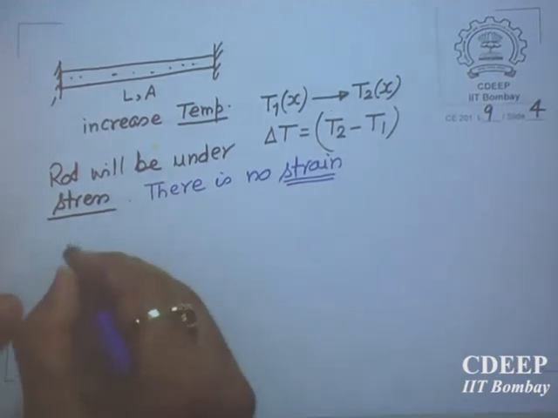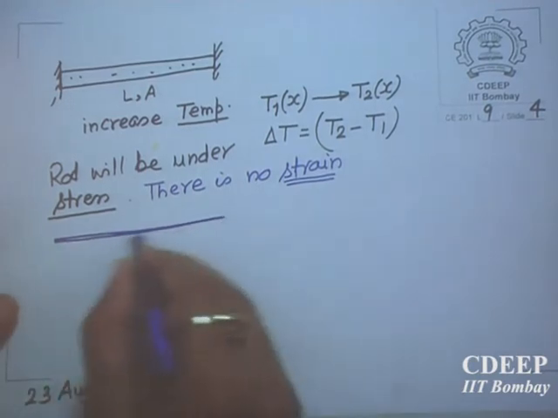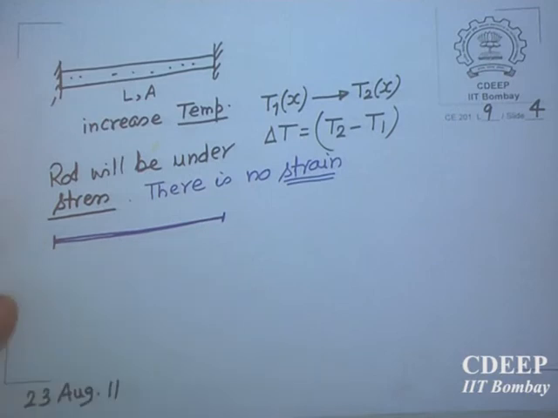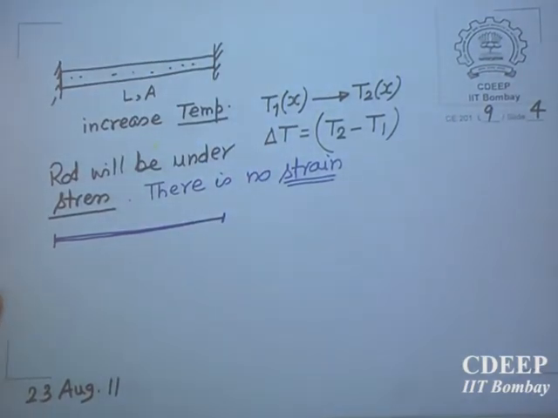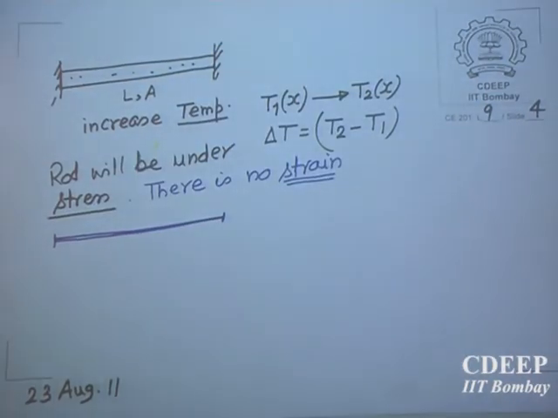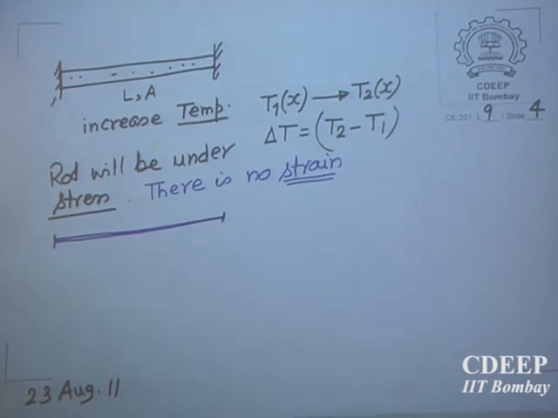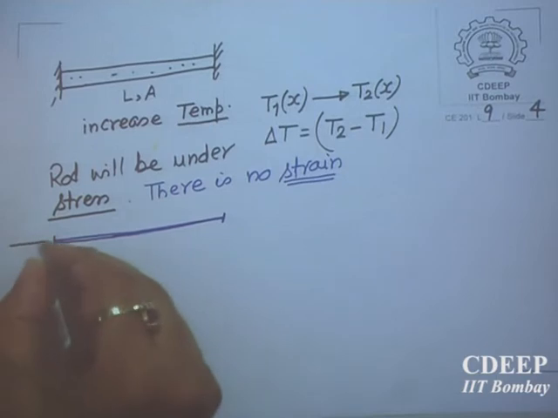So when I draw the free body diagram of this rod, initially of course there was no support reaction. Initially when the rod was at temperature T1, there was no support reaction. It was just fit, the same size of rod put at room temperature T1. Now I have raised the temperature, so it is trying to expand, but it is not allowed to expand. So there will be some reaction.